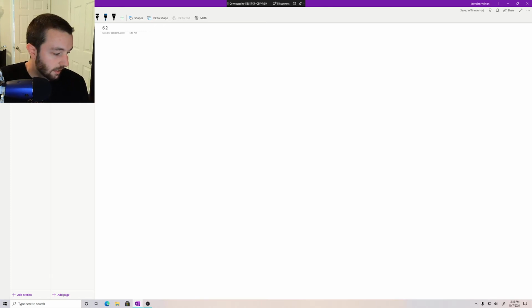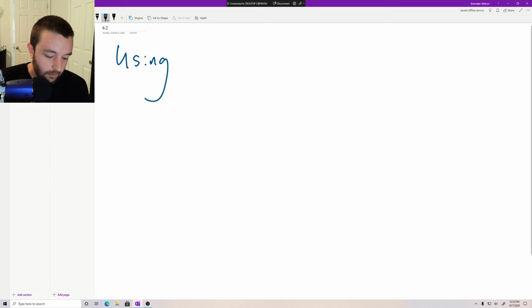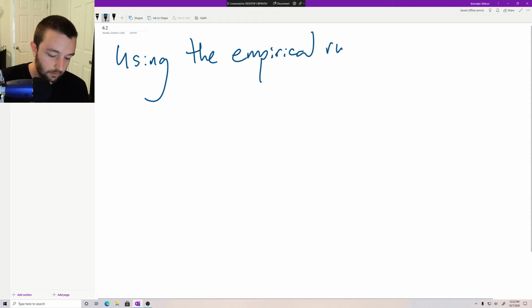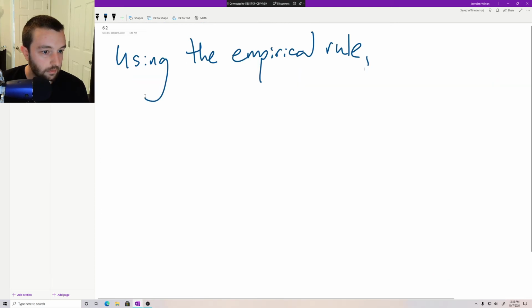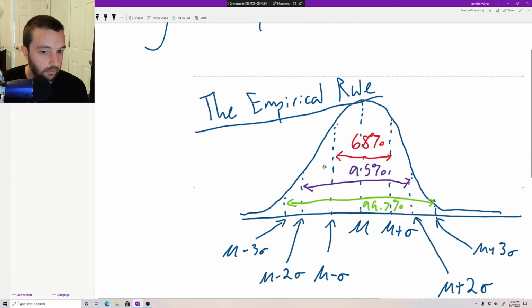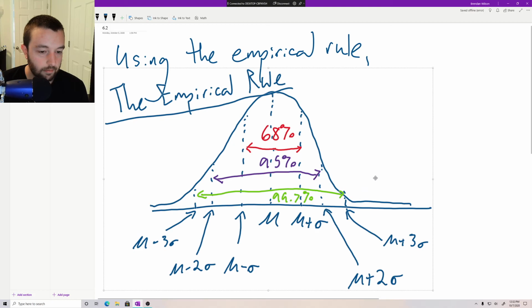Just as a way of looking at some of the notation that we're going to be using, using the empirical rule, let me copy that picture over. Okay, so we'll use this.